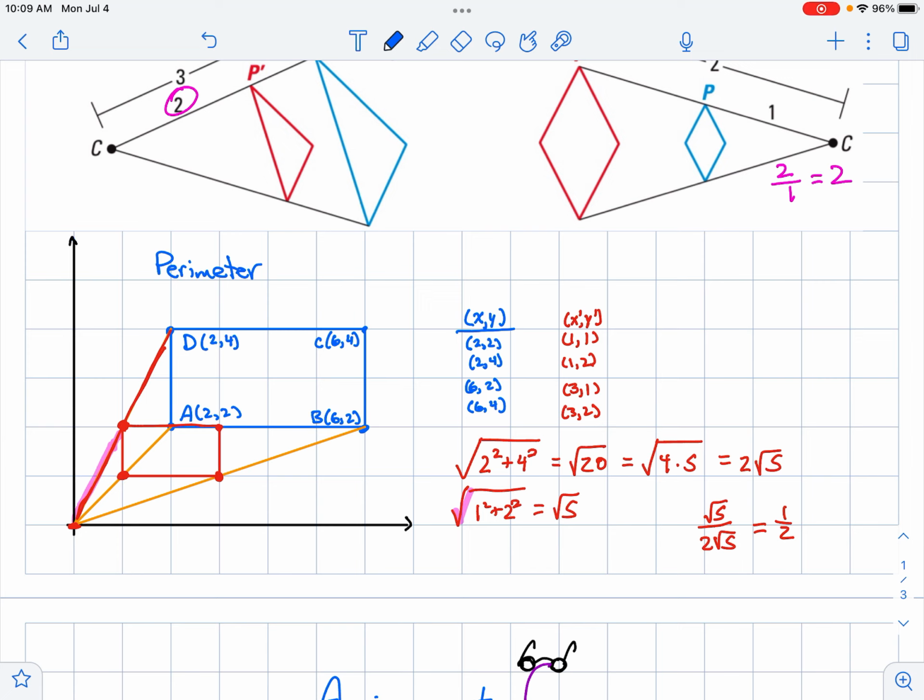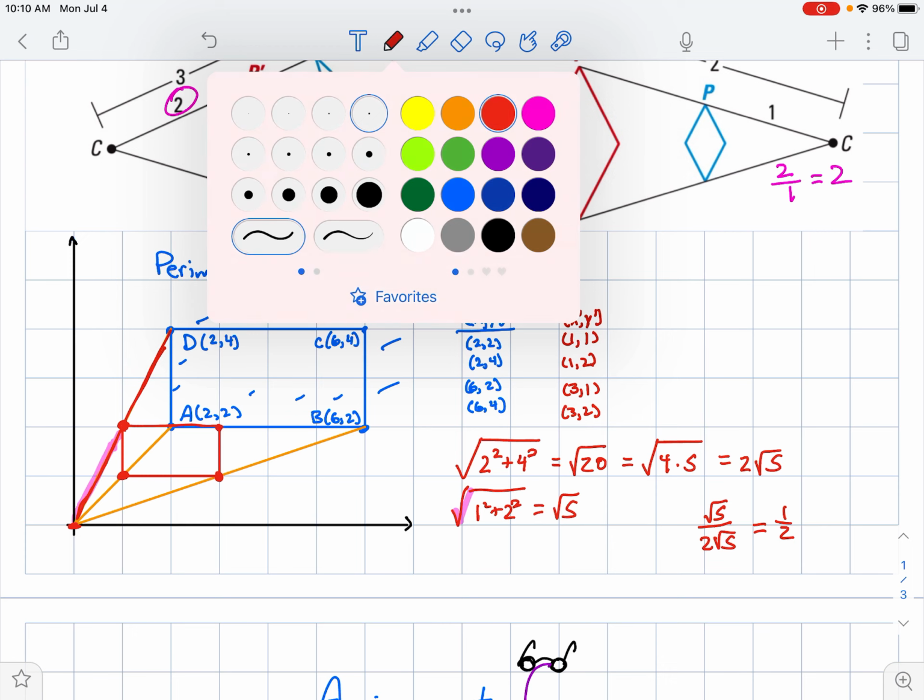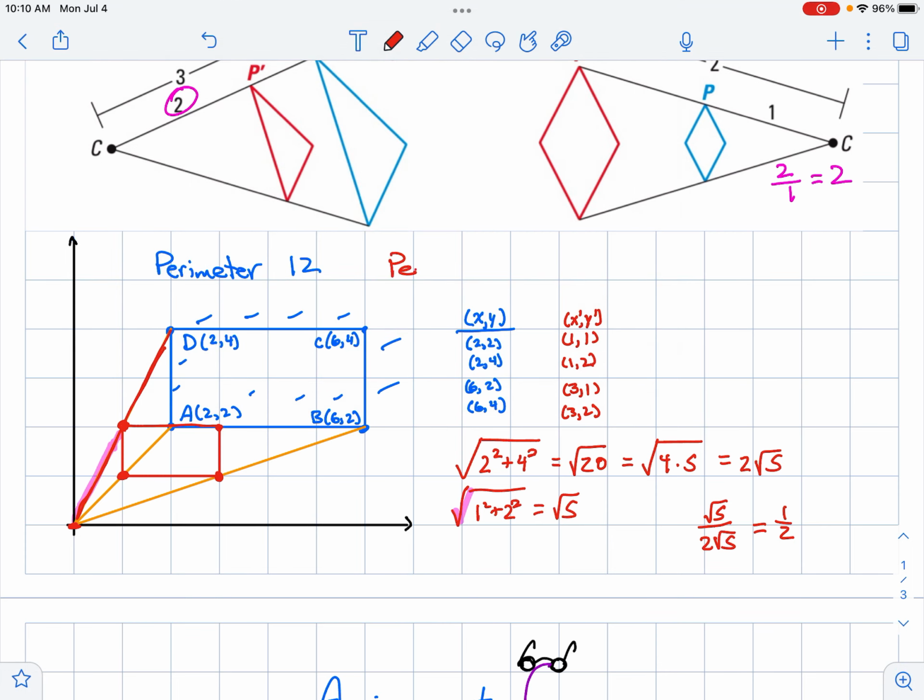The perimeter of the blue is 1, 2, 3, 4, 5, 6, 7, 8, 9, 10, 11, 12. It's 12. Now, let's think about the perimeter of the red. It's 1, 2, 3, 4, 5, 6. 6, which is 1/2 of the big one.